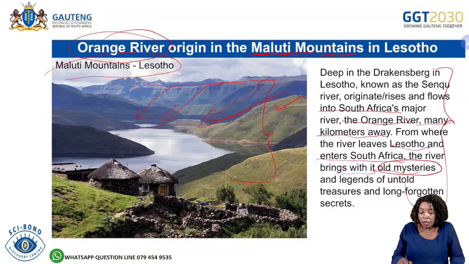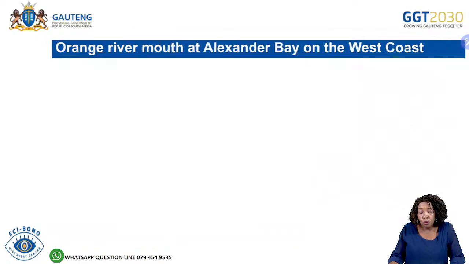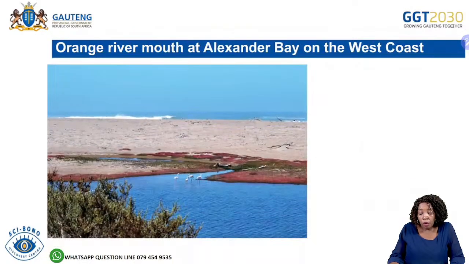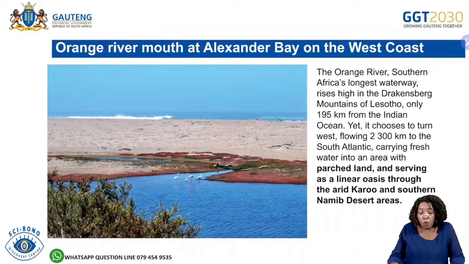So this is just giving us the background of the Orange River that is flowing from Lesotho down the Drakensberg Mountains onto South Africa.